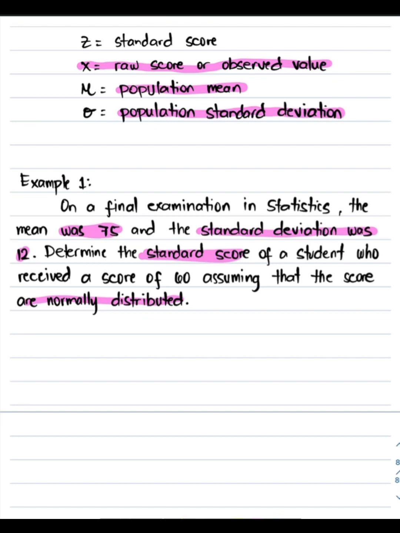So we will use the formula z equals x minus the sample mean, because the word is the mean, over the standard deviation. Then we identify the given: the mean is 75, the observed value x is 60, and the standard deviation is 12.